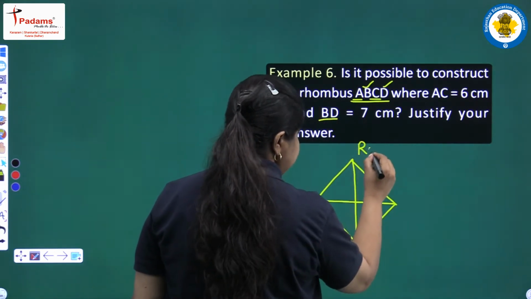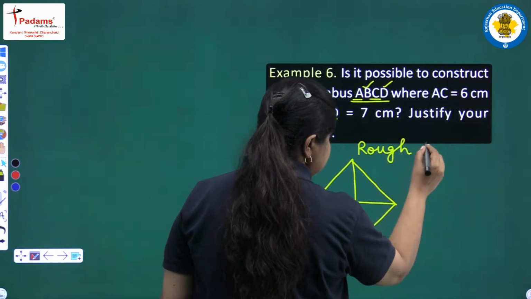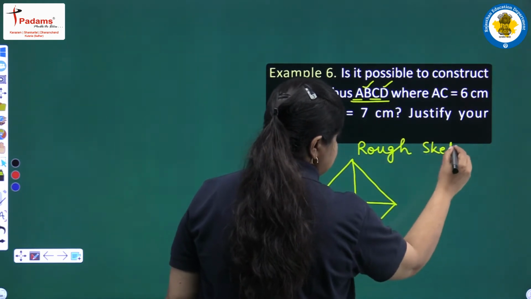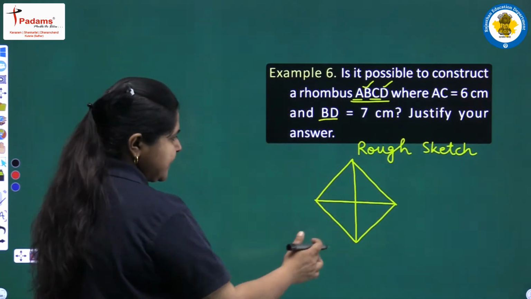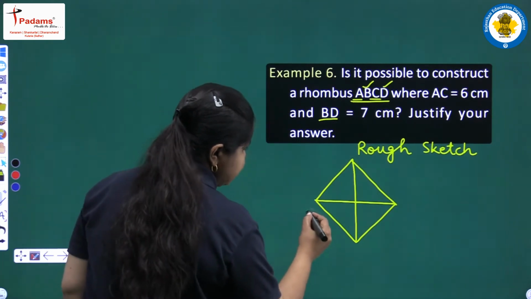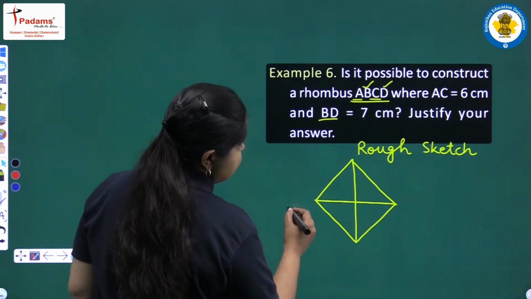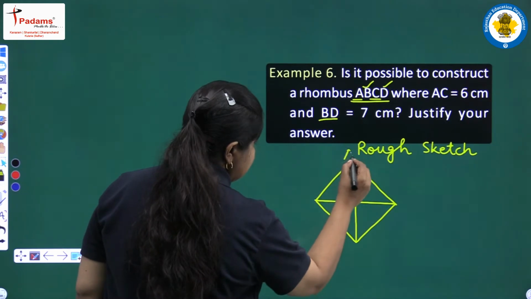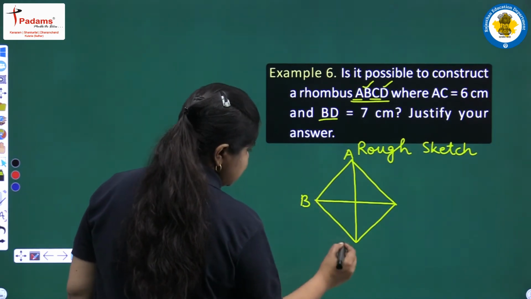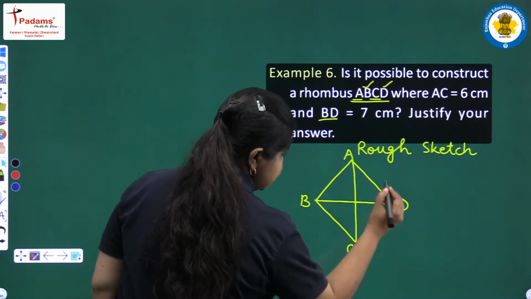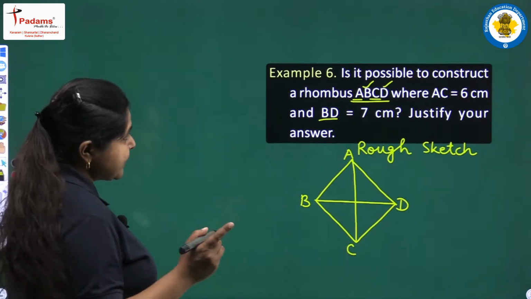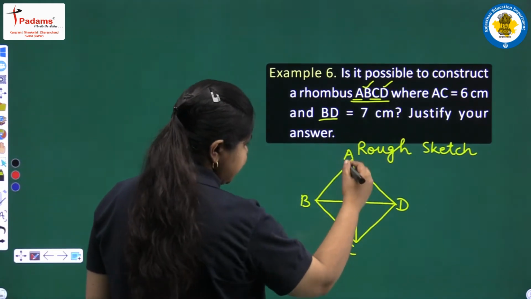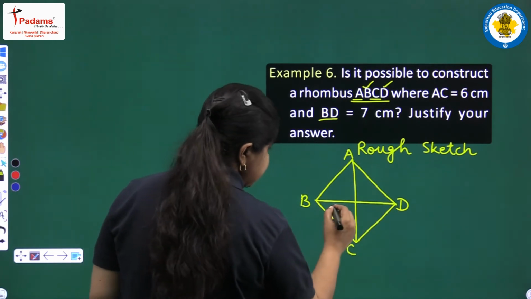This is only a rough sketch. We have taken the diagonals in the center. You can see. Let us name it as A, B, C and D. Okay, now let us mark the measurements. AC is given to be 6 and BD is 7.